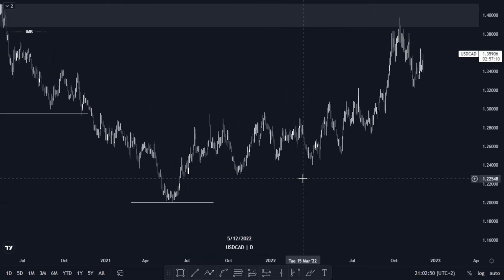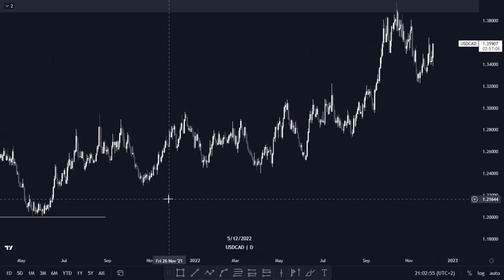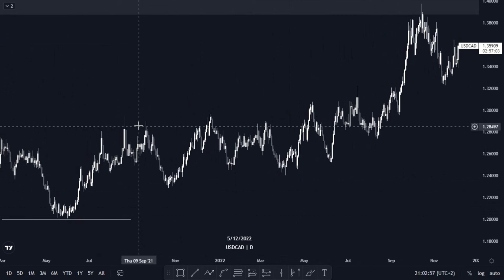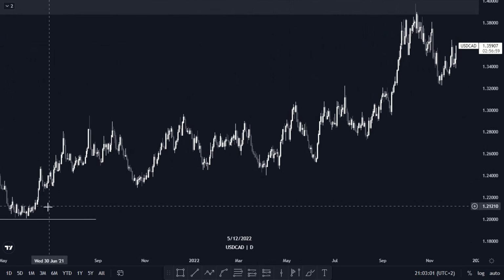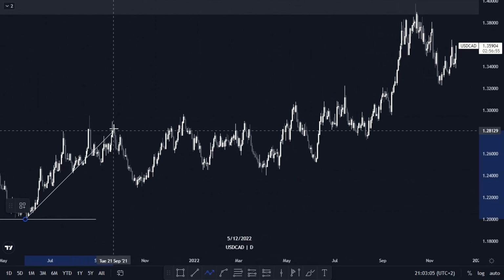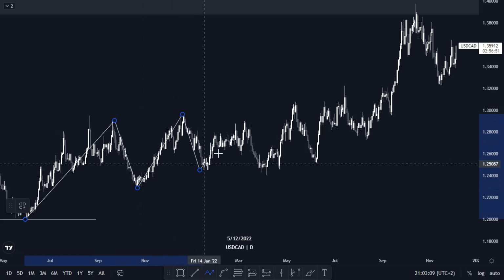Okay, on the daily chart we can see that price here, from this low here, has been moving in a bullish form. So price was creating higher highs, higher lows, higher highs, higher lows.